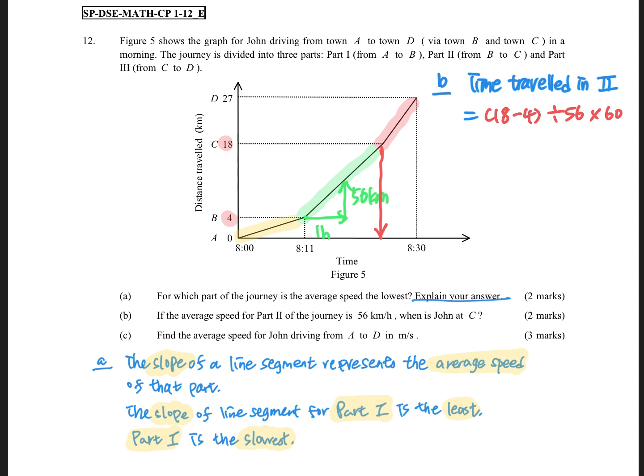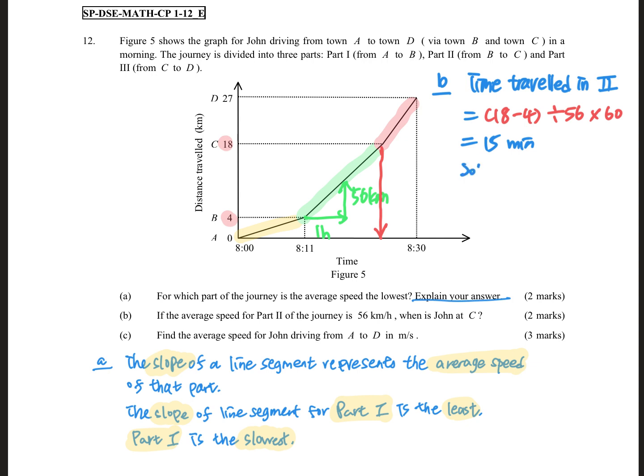Finally, by using the calculator, 14 divided by 56 times 60 will be 15 minutes. But here I'm afraid writing down the unit will be essential.